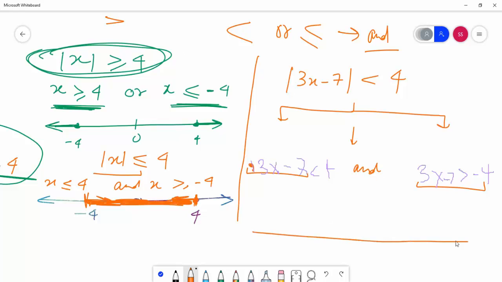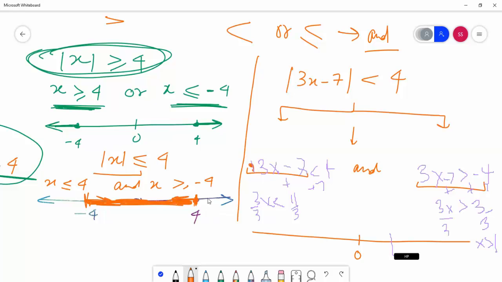So can you make it on the number line? Can you calculate the value of x in both the inequalities and write it on the number line? Yeah, I can. Okay.